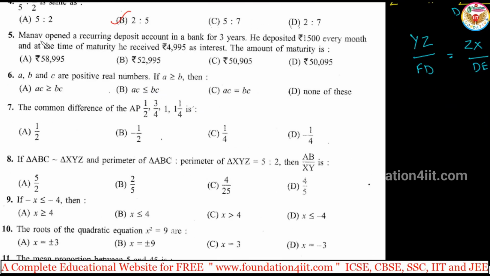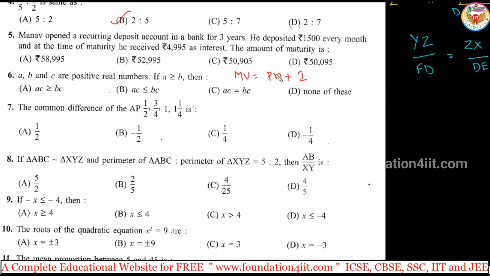Next one, Manav opened a recurring deposit account in a bank for 3 years. He deposited 1500 every month, and at the time of maturity received this as interest. The maturity value we need to find out. We are given the interest directly, because the maturity value formula is P into N plus interest.